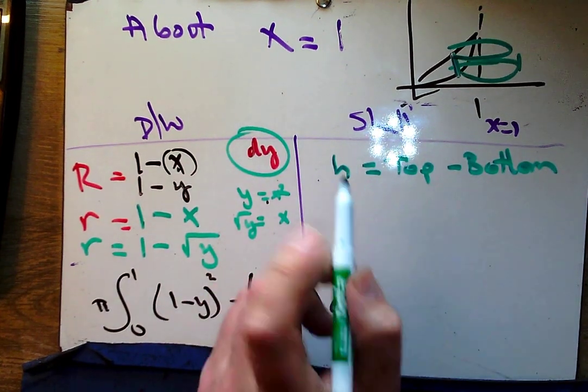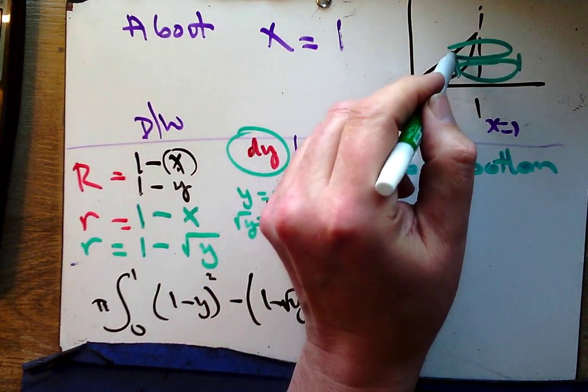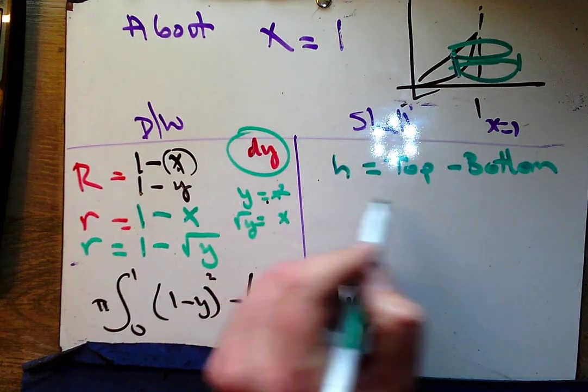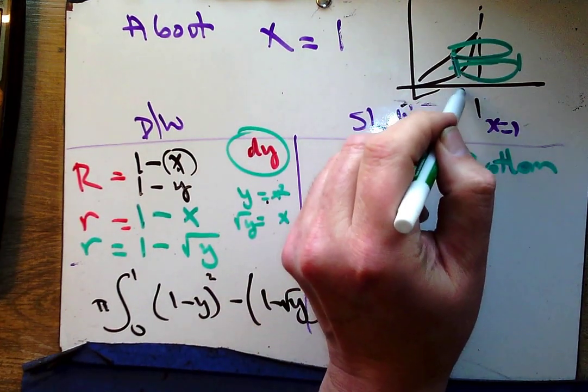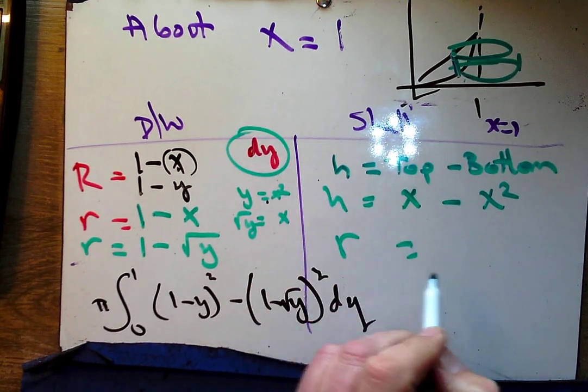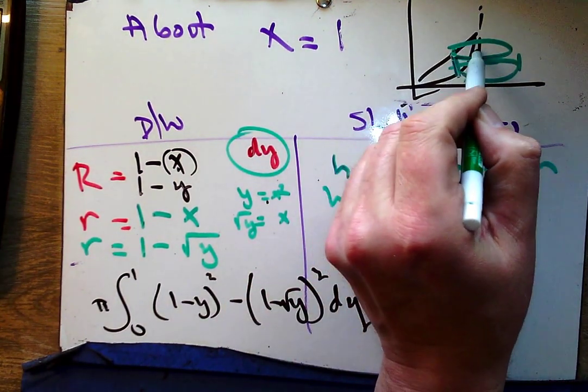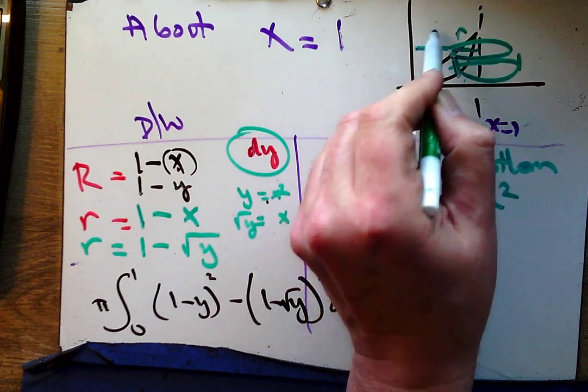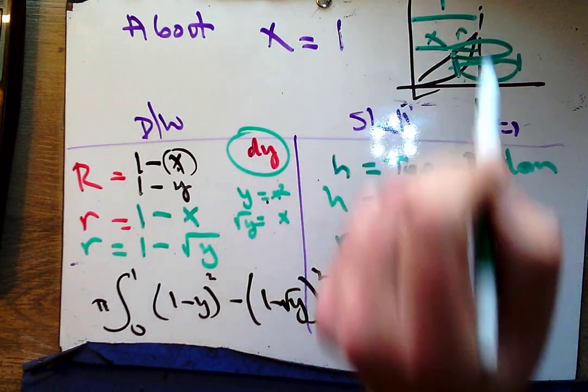I also see that this is a dx integral, so this y value minus this y value. And the radius here, well, that's the radius. That's x, and that's 1.